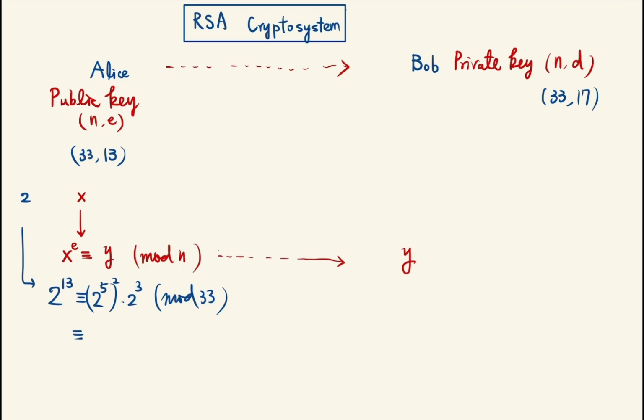So it is 8 times (minus 1) squared. So the answer is 8. So here Y is 8. So she just sends this to Bob.